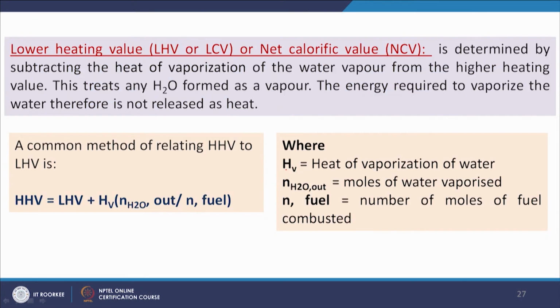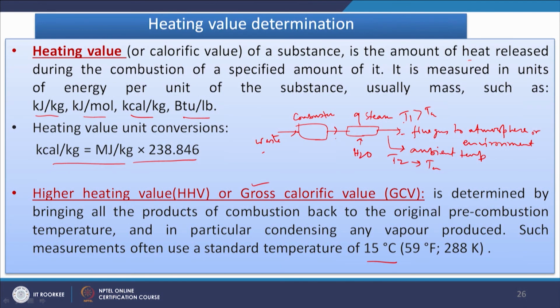Lower heating value is determined by subtracting the heat of vaporization of the water vapor from the higher heating value. This treats H2O formed as a vapor. The energy required to vaporize the water therefore is not released as heat. In this case this temperature is higher, say 100 degree centigrade.